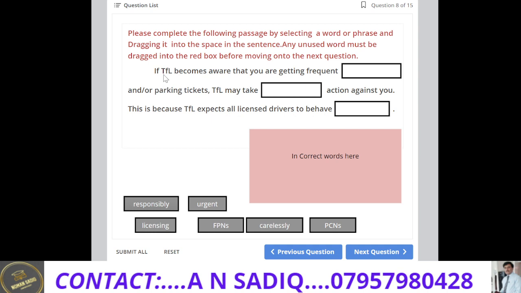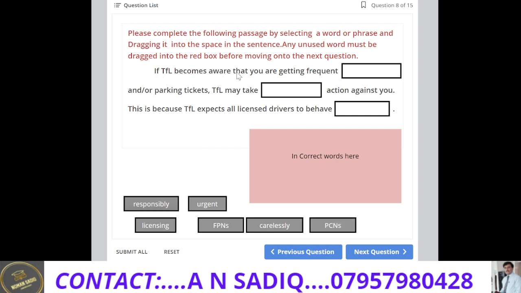So, if TFL becomes aware that you are getting frequent, here responsibility, no. Urgent, no. Licensing, no. FPNs, which stands for fixed penalty notices. Carelessly and PCNs. Sorry, PCNs is not parking charge notices, it is penalty charge notices.